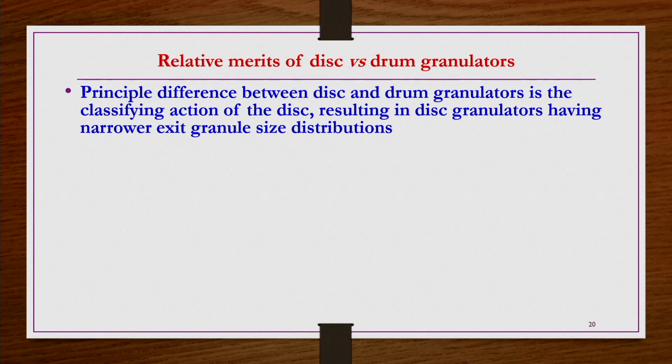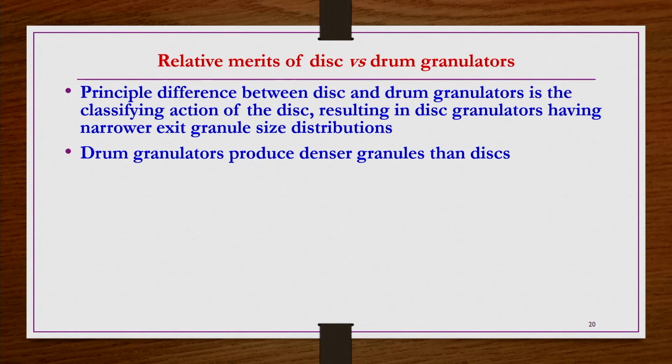Because of that, you can control a narrow product size distribution, very close particle size distribution. So, because of this classifying action of the disc, one can get narrower exit granule size distributions. However, on the other hand, drum granulators produce denser granules than the disc.